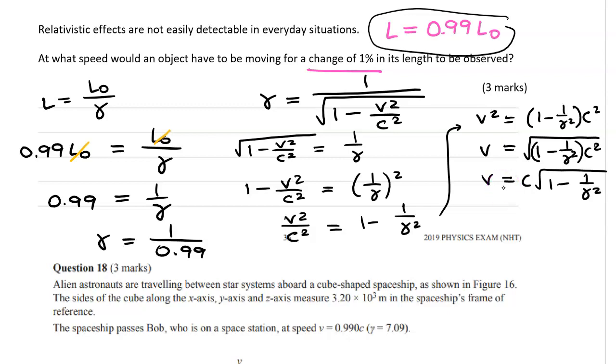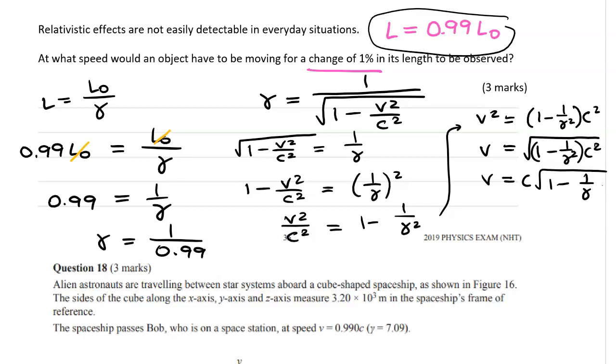Alrighty, so you could rearrange this equation a bit, and if you wanted to keep going mathematically and deal with the fact that you've got a gamma squared inside of there, you could. But for the purposes of what we're doing at the moment, I don't think it's necessary. So, I originally left it as 1 on gamma squared, and then I changed it to 1 squared over gamma squared.